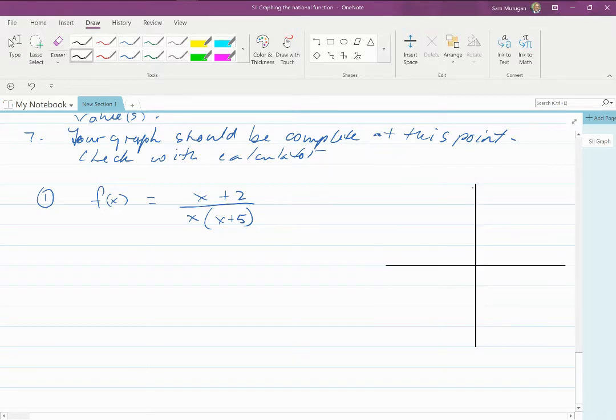Okay, so this is a y-axis and an x-axis. And as fast as we find information, we're going to put it on our graph. So step 1 says to check to see if it can be factored and write the domain. Cannot be factored.